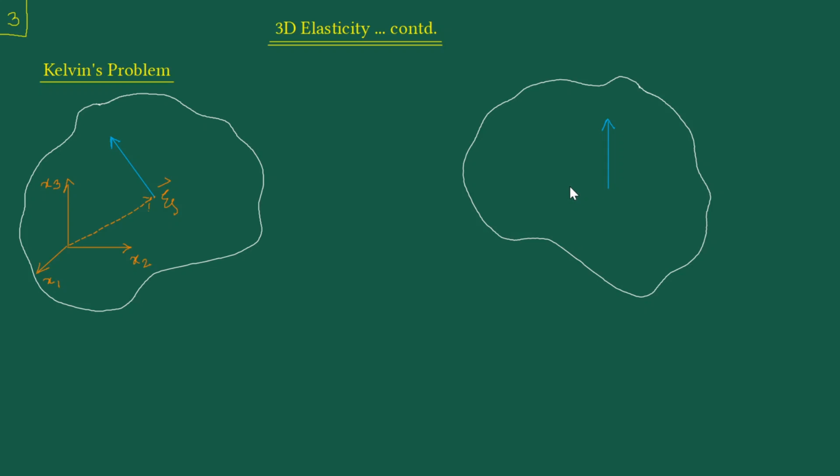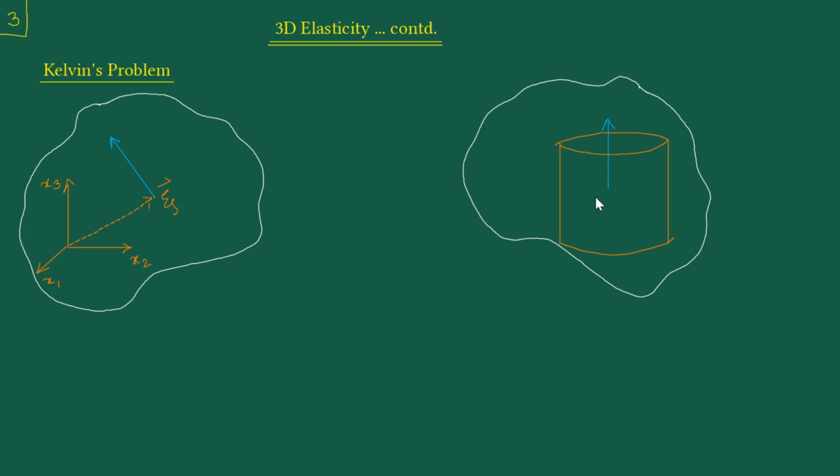What I mean by that is that suppose you were to construct a cylinder around this point body force represented by this arrow, a cylinder like this, whose longitudinal axis coincides with this arrow.